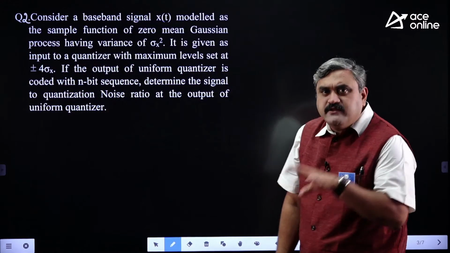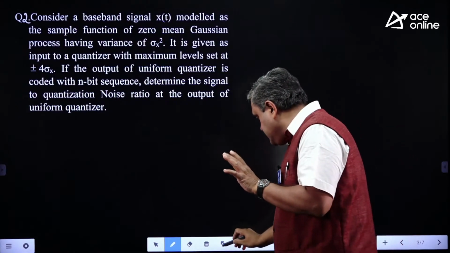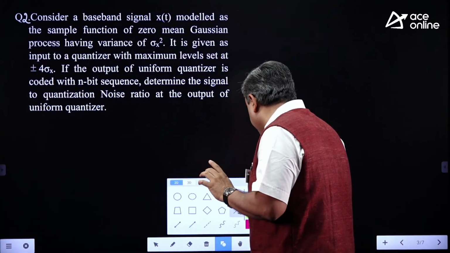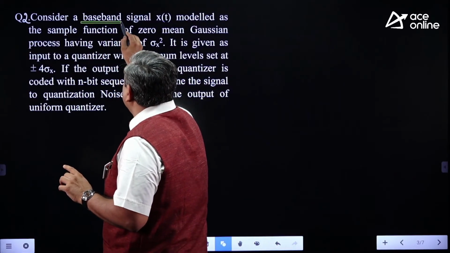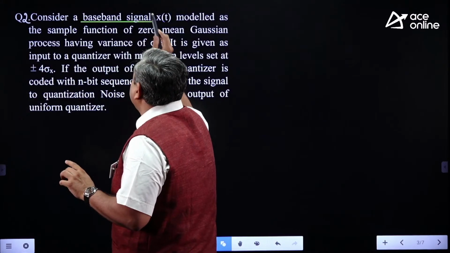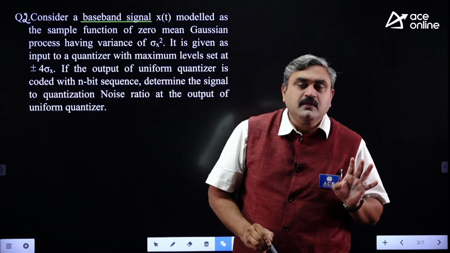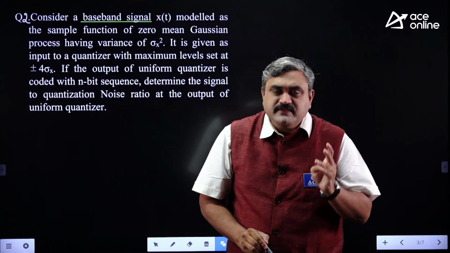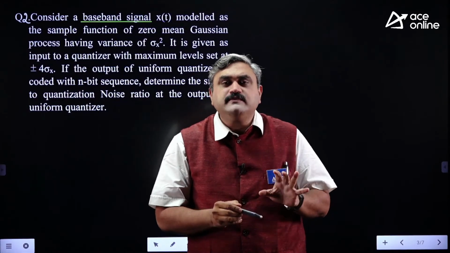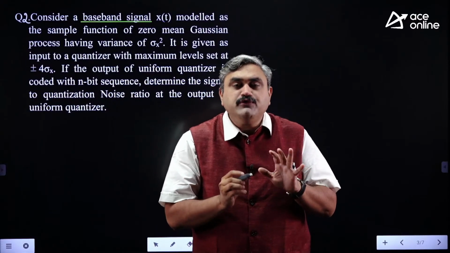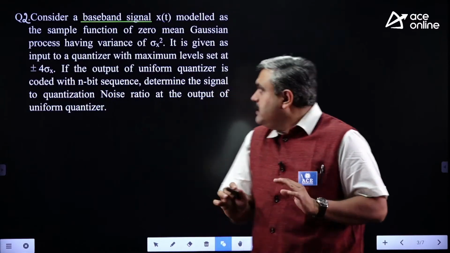Consider a baseband signal. Now, understand the terminology. Each and every point is very, very important. Baseband signal generally means message signal. Band limited signal, message signal, baseband signal, modulating signal, all these come under the category of low frequency signals, okay.